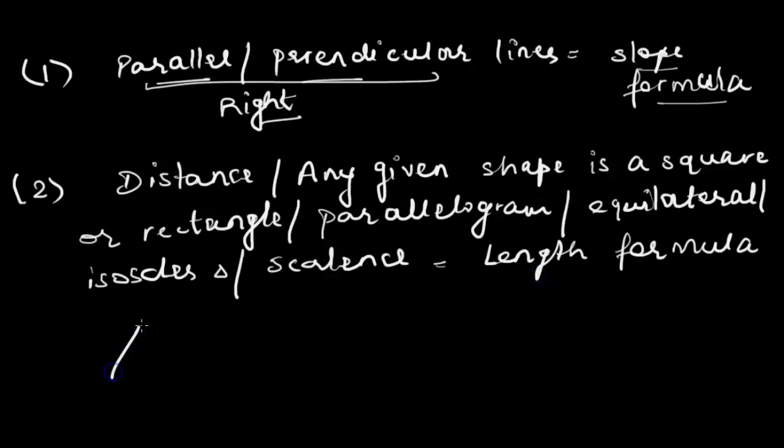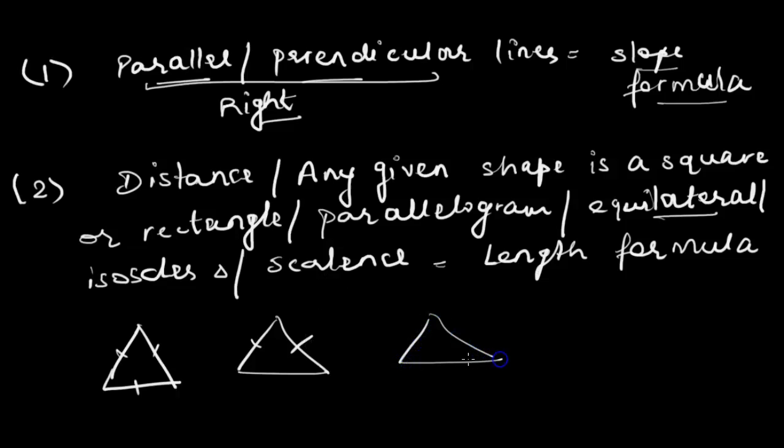If a triangle has all 3 sides equal, or the lengths of the 3 sides are the same, we can prove that it's an equilateral triangle. If 2 lengths are equal, we can prove that it's an isosceles triangle. And if no length is equal, we can prove that this is a scalene triangle. So this is about the triangles.